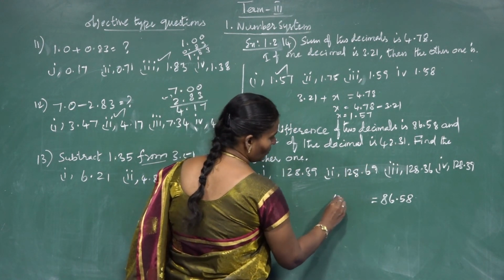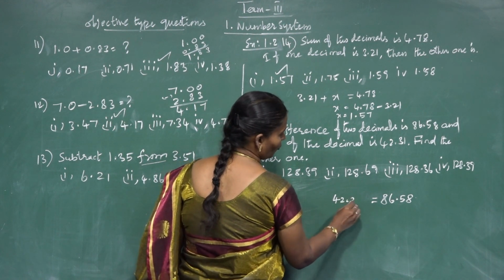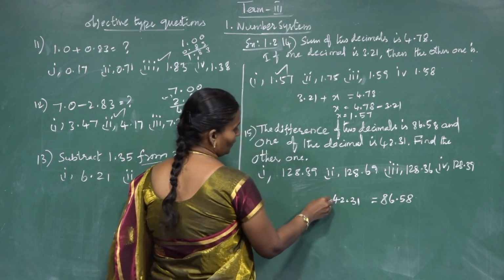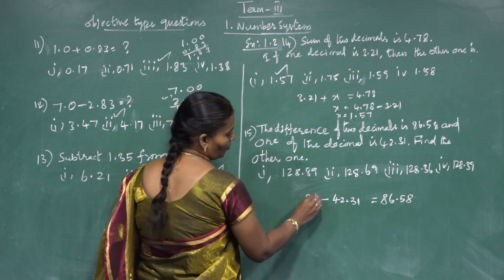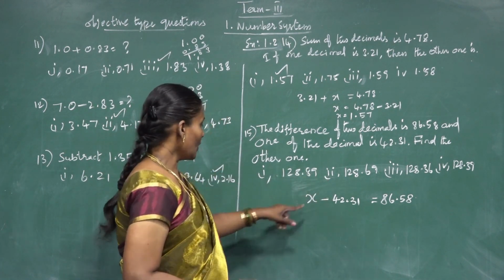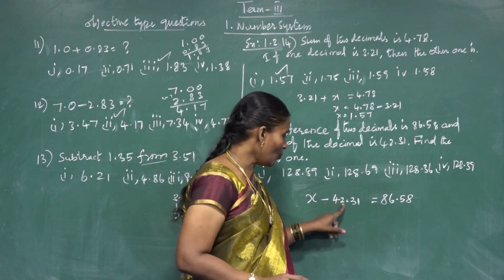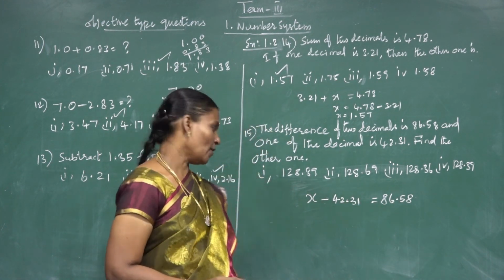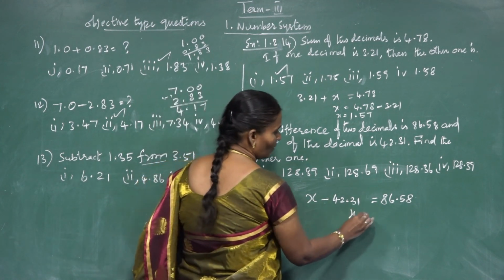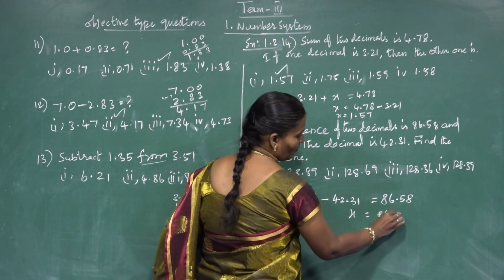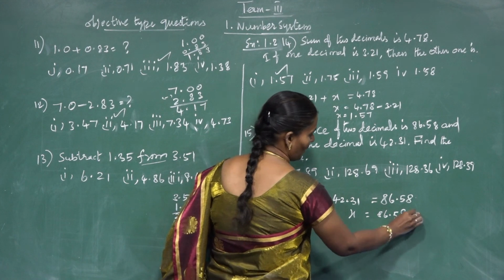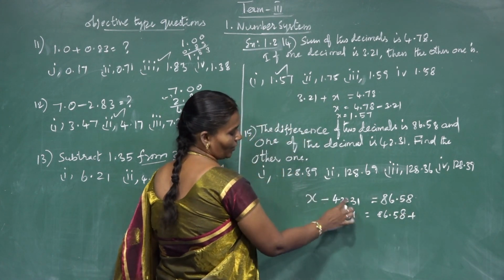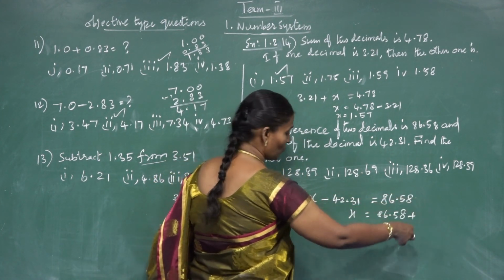So we write the smaller number, the second, 42.31. Then your unknown number you consider x. So x minus 42.31 gives 86.58. So x is equal to 86.58 plus 42.31, since the minus moves to the right side and becomes positive.